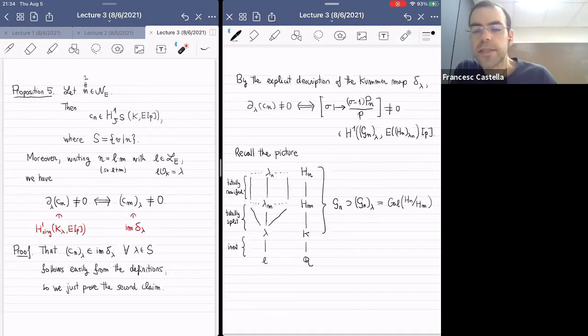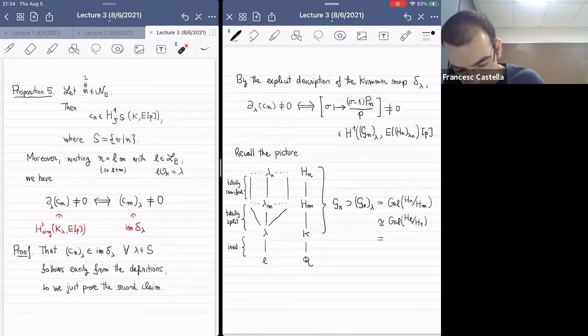Okay, but now because n is a square free product of primes, this is the same as the Galois group of H_L over H_1, which is what we are denoting G_L, which is cyclic, generated by sigma_L.